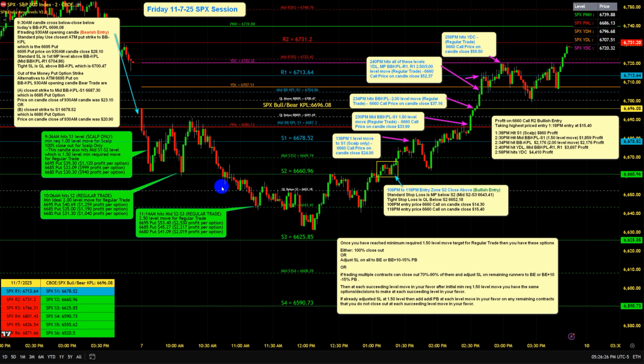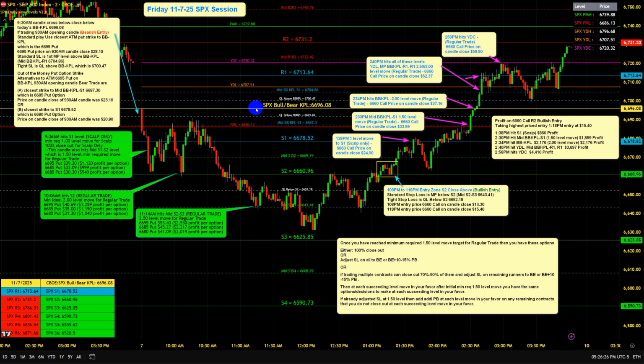Or in the case of scalps, scalping trades can be just from one level to another level. Conversely, you can also have bearish trades above the bull-bear KPL, as we've shown in other SPX trading session videos, where we've had some very big trades that were bearish trades off of the R2 level.